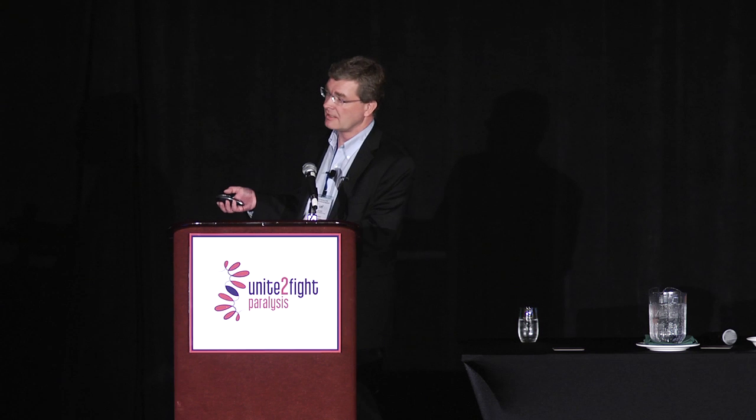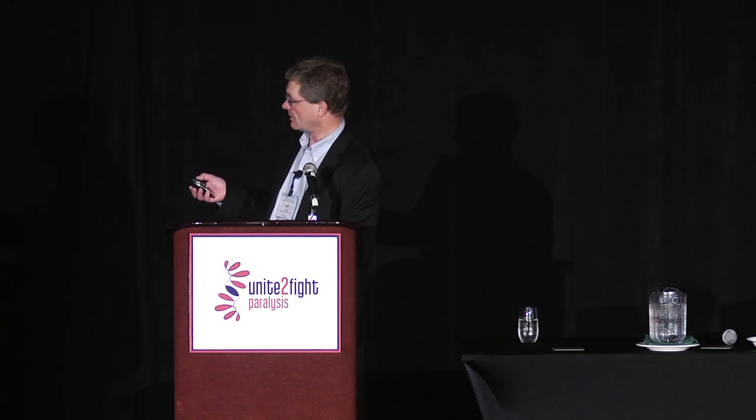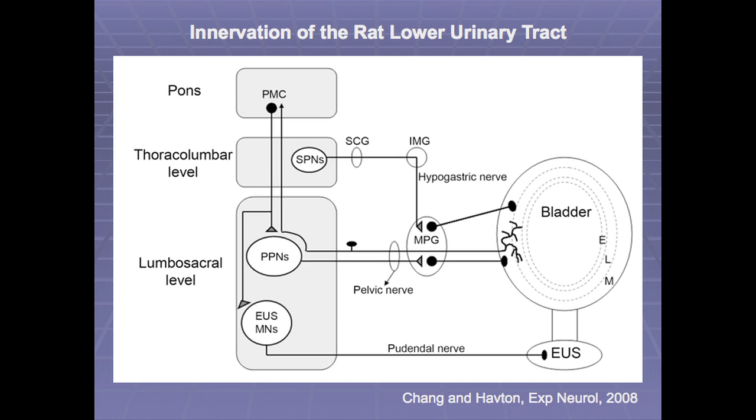So this is a schematic of the lower urinary tract function in rats. And the big principles are similar in all mammals, also in humans. And what I wanted to point out here is that there are two important components.